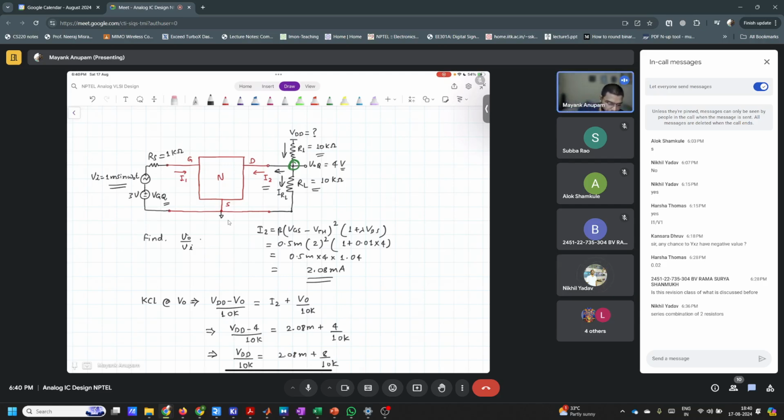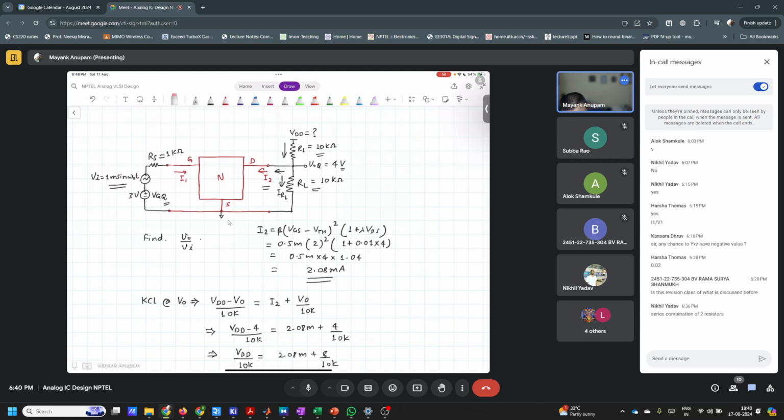No, how can it be? If all the current that is flowing as I2 here is flowing through RL, which means that your VDD is not supplying any current, right? But that is simply not possible.